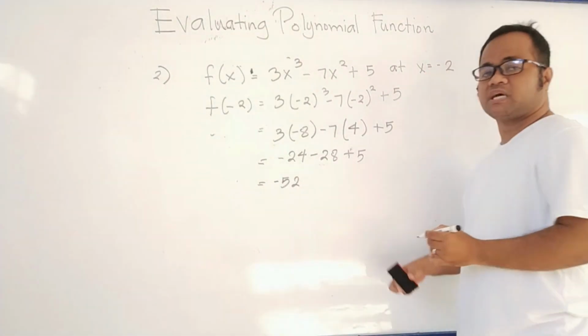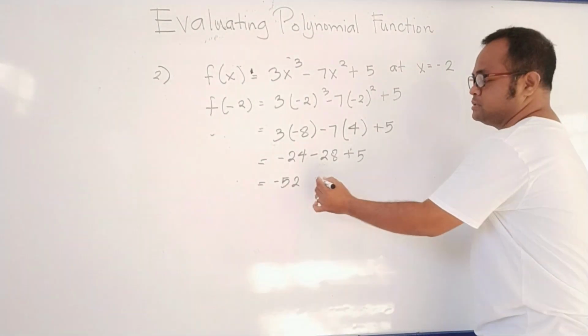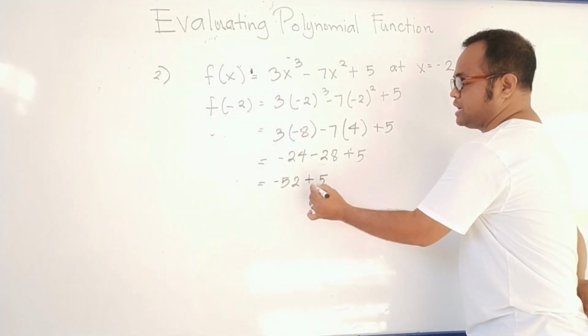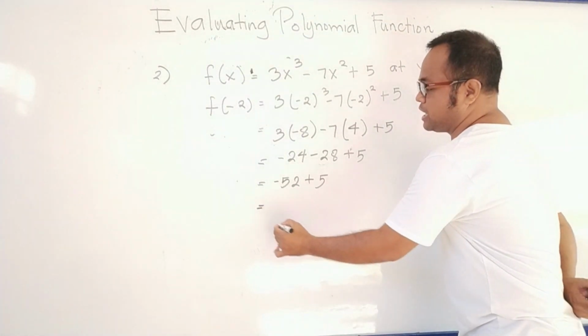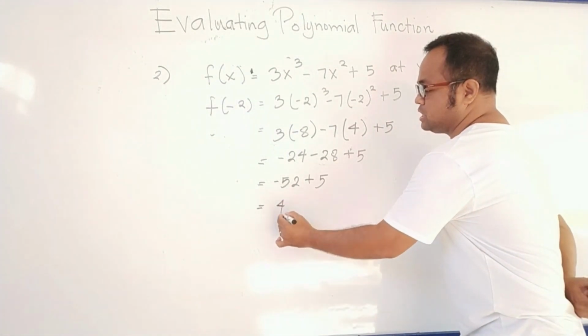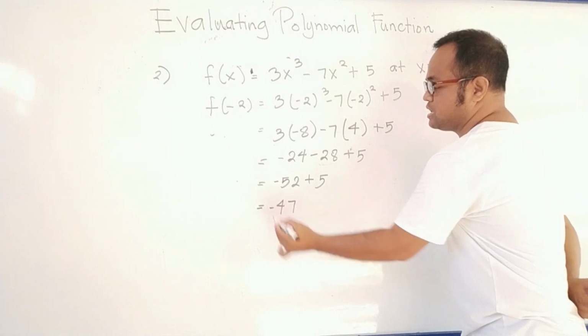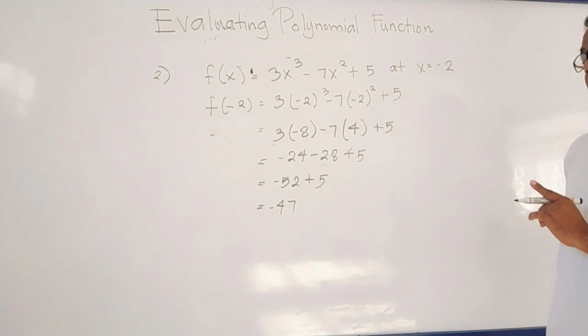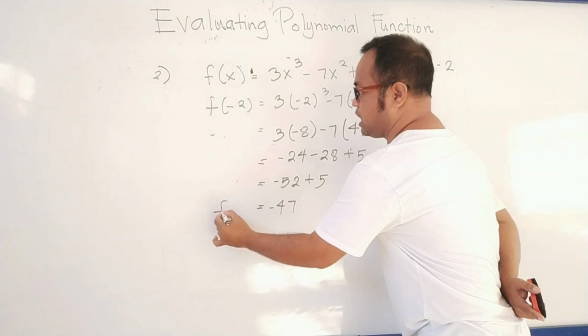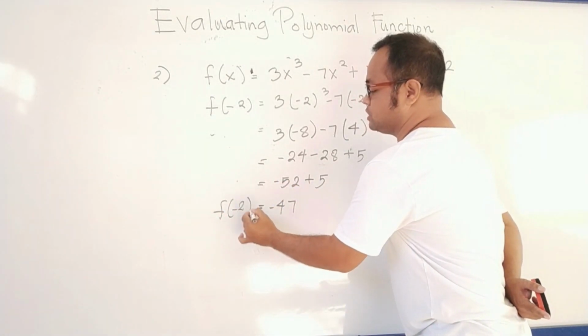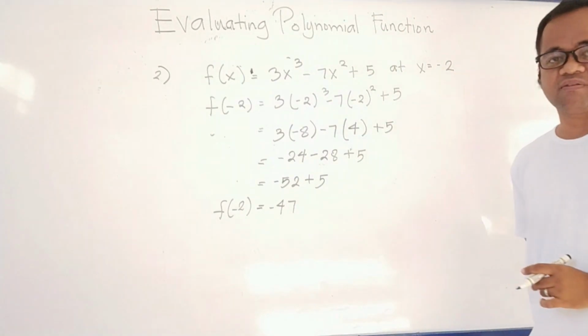Then you copy the sign. Okay? Then you add 5. Unlike signs, you subtract. 52 minus 5 is 47 negative. Right? 47. So therefore, f of negative 2 is equal to negative 47.